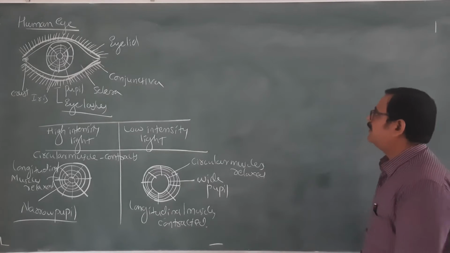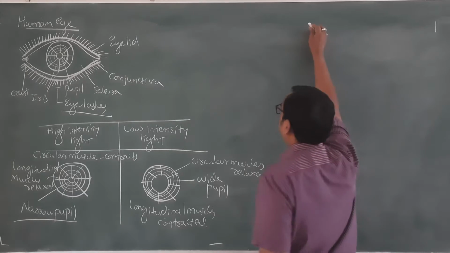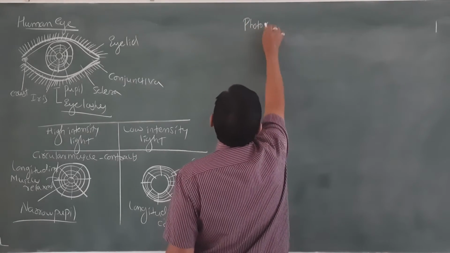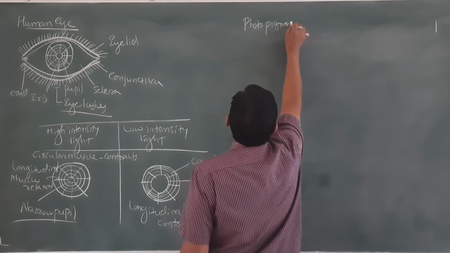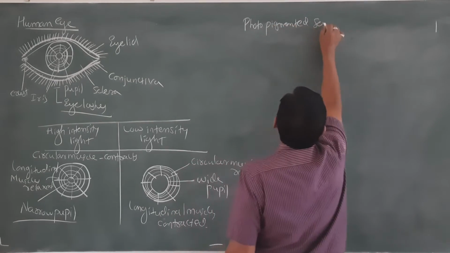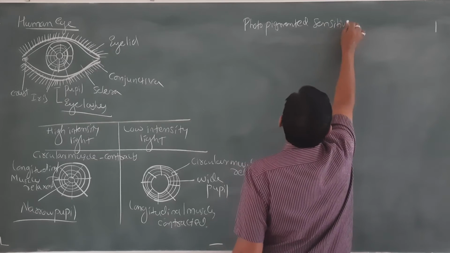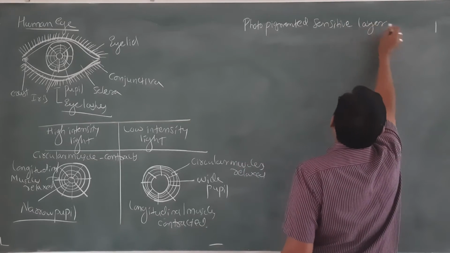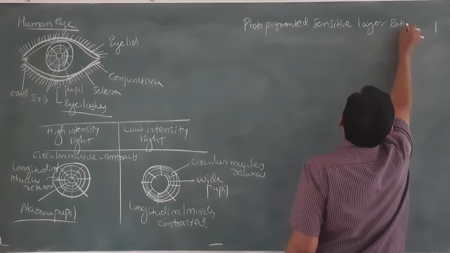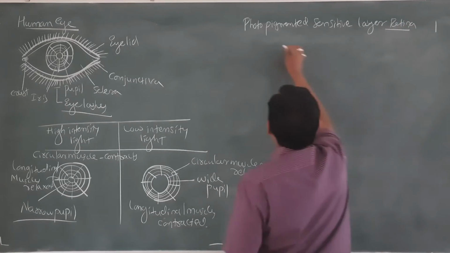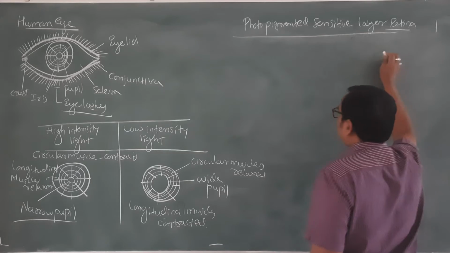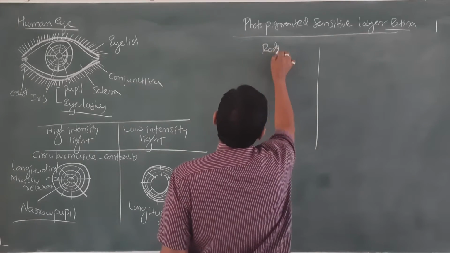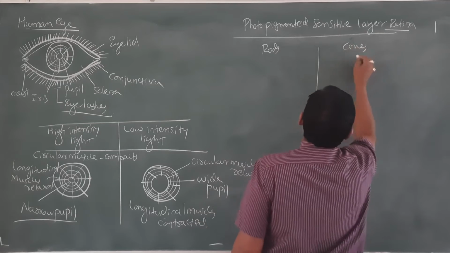The photopigmented, sensitive layer we call the retina. This retina is made up of two important cell types, mainly the rods as well as cones.